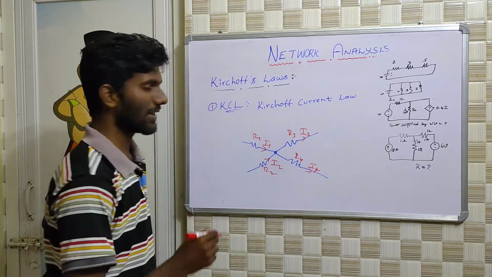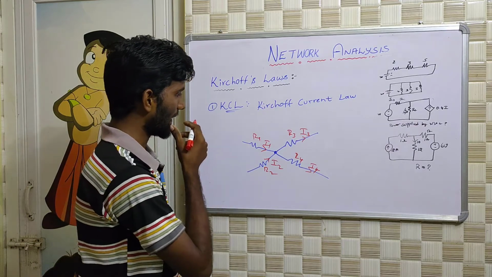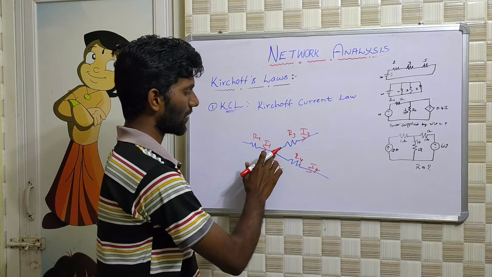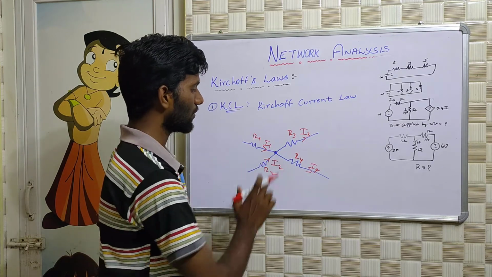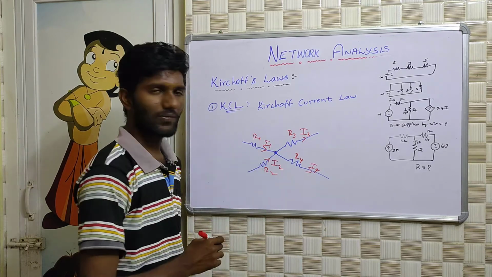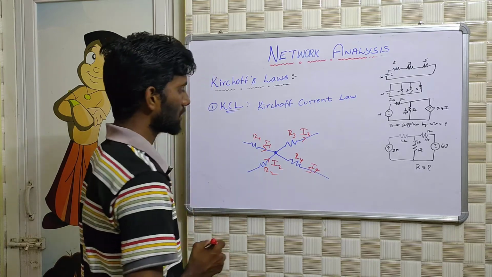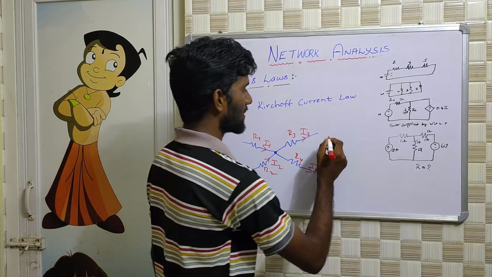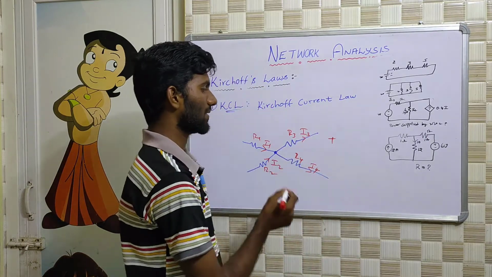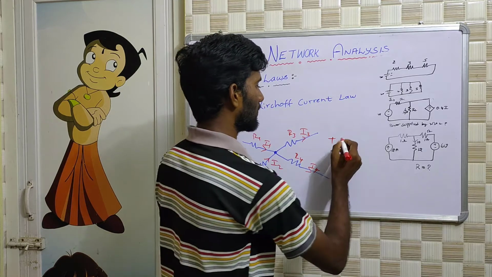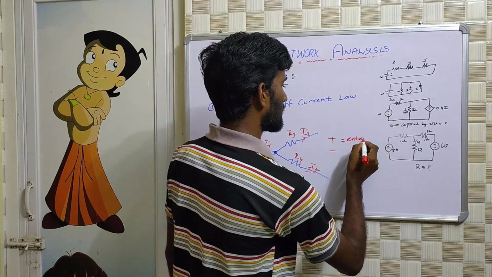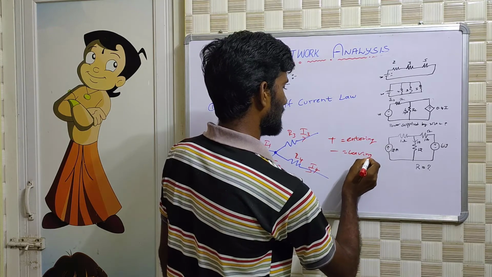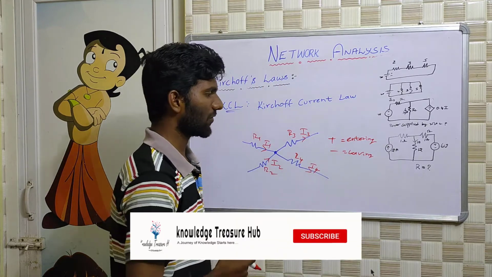Based upon KCL, the sum of the entering and leaving currents across any node at any junction will be equal to 0. Here we are considering the entering currents as positive and the leaving currents as negative. That is as per our convenience.